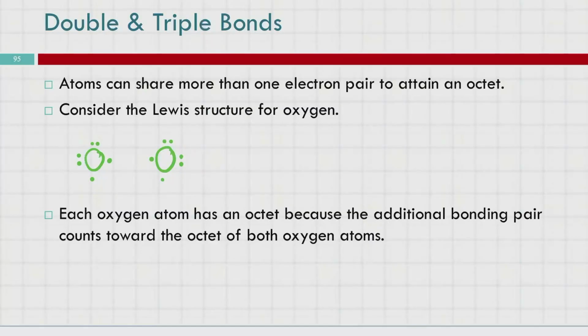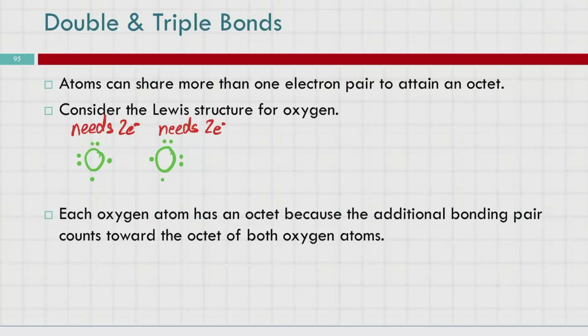How many electrons would this left oxygen need to get an octet? Left oxygen needs 2 electrons. How many does the right oxygen need? That's right, it also needs 2 because it's also oxygen.